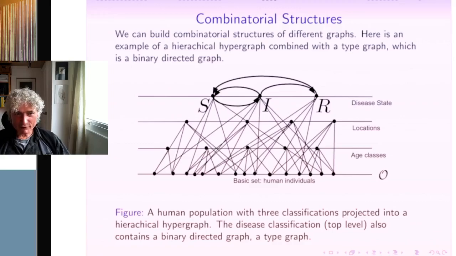Yeah, so you want to overlay the type graph on the hierarchical hypergraph. That is very often a good idea, because in this example, actually, the only meaningful type graph would be on the disease state classification, because clearly, in a disease, the susceptibles are influencing the infectants, because they can switch to the infectant class by an infection.